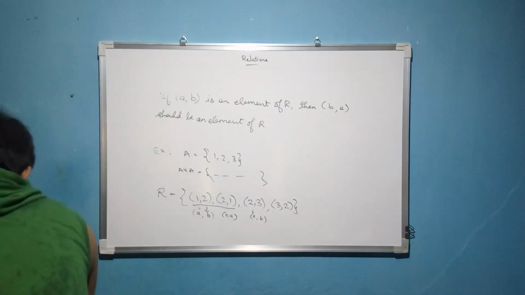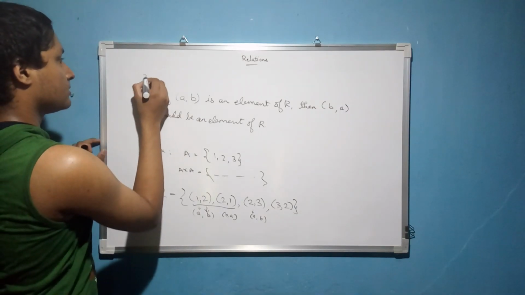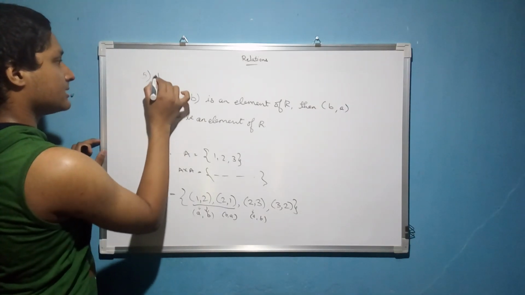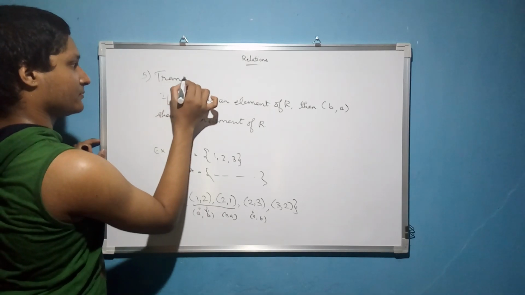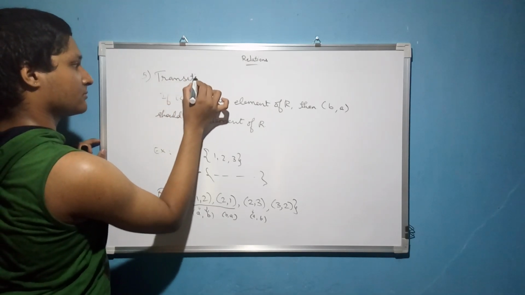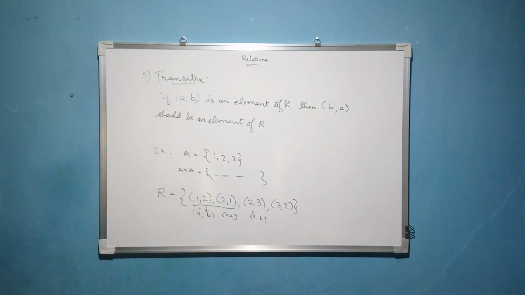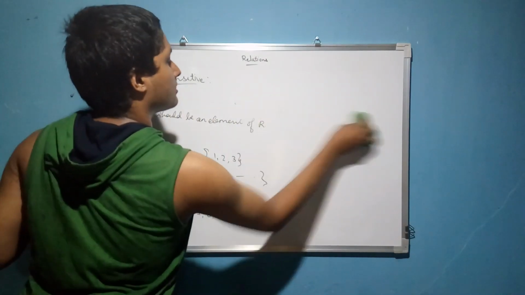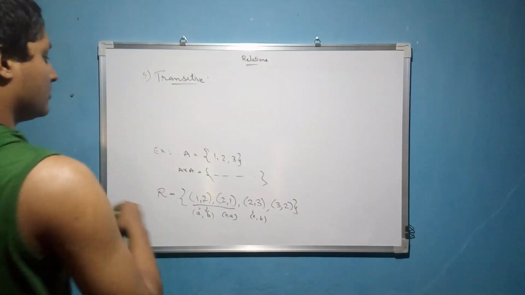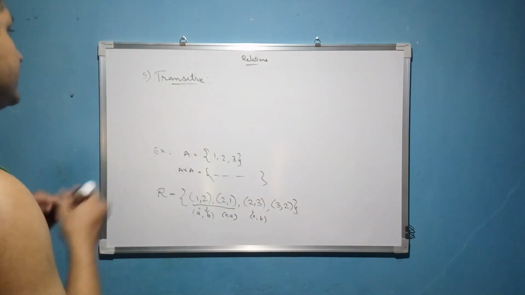The fifth type is the transitive relation. This is a bit tricky to understand, so see properly. Let it be the same example I'm going to do later.